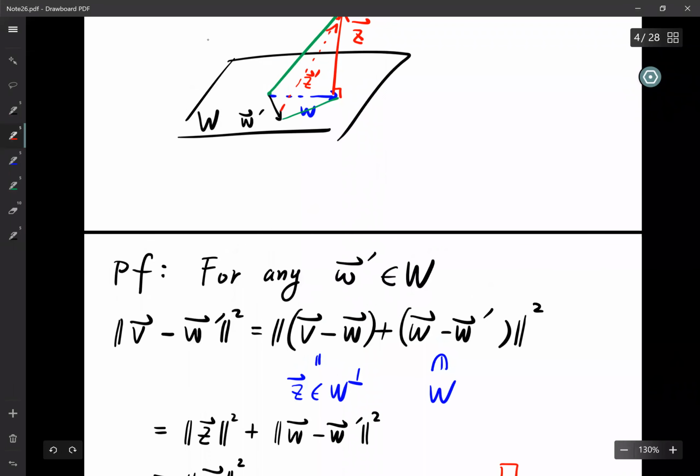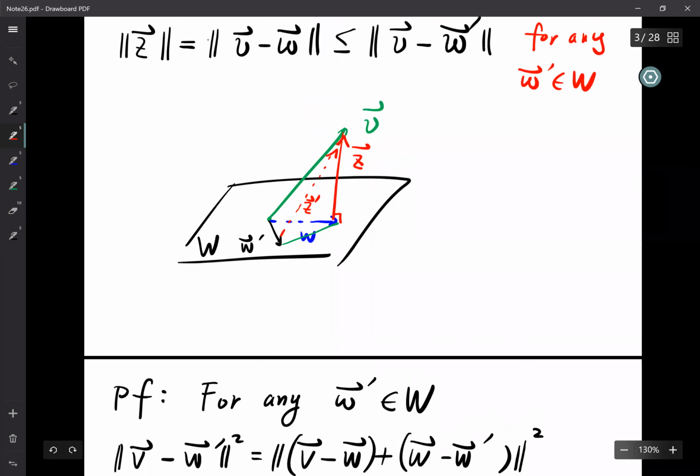It says that the length of Z prime is bigger than or equal to the length of Z. Therefore this is the best approximation, where the vector Z measures the difference between V and its approximation. You can view Z as a residual, and the best approximation theorem says that the residual is minimized.